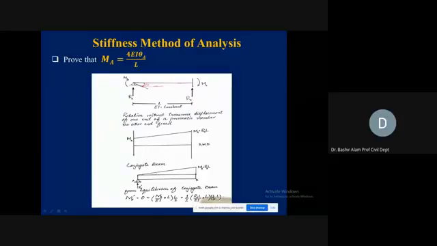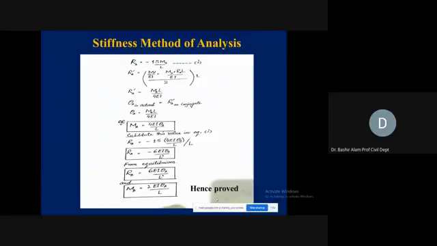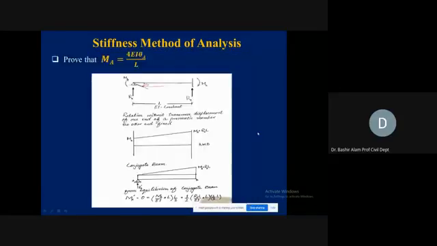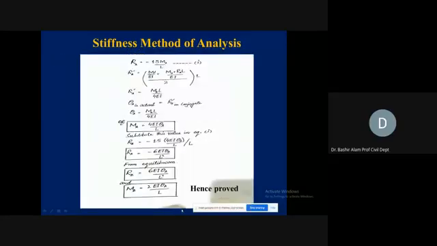So with MA prime equal to 0, this is the moment of this rectangle and triangle. In the next slide, we take MA over EI to the right, and then we solve it for RA. So RA is becoming equal to minus 1.5 MA divided by L.